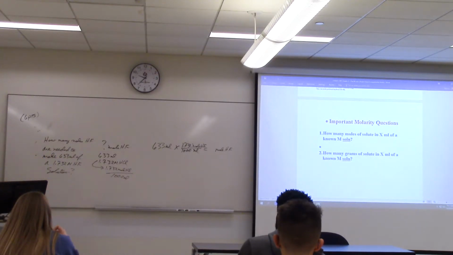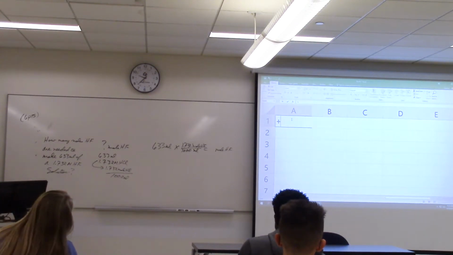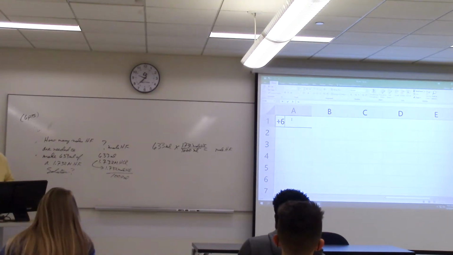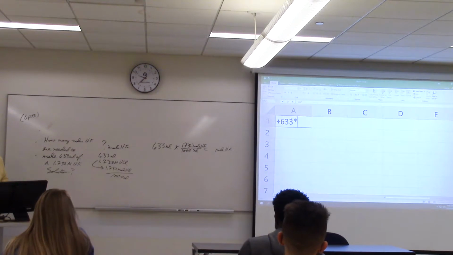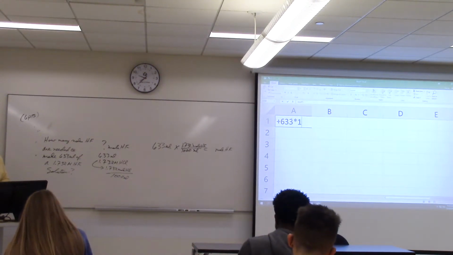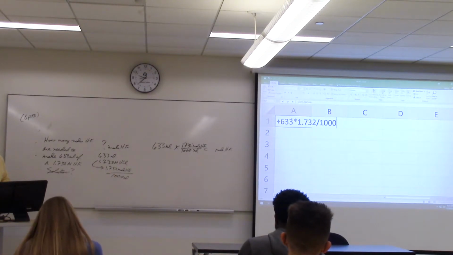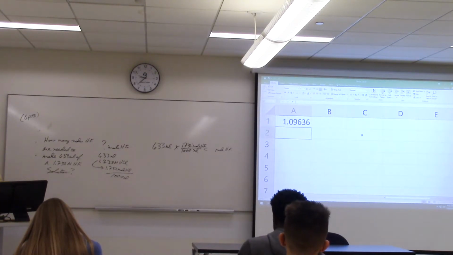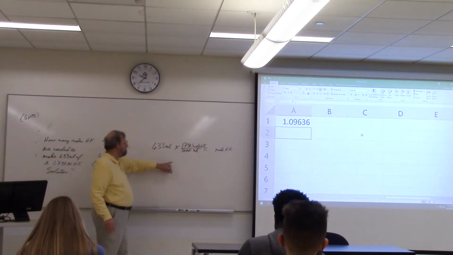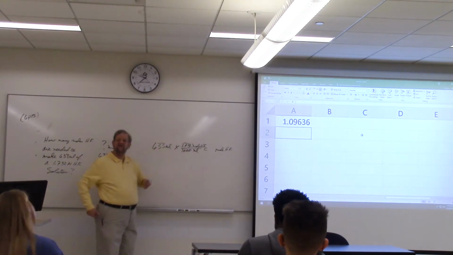So now I can go to my calculator. And this is the number I get. And now if I look at it, I'll say 3 significant, exact number, 4 significant.